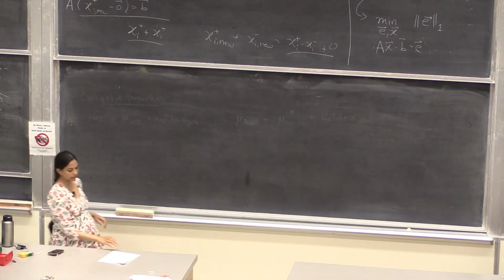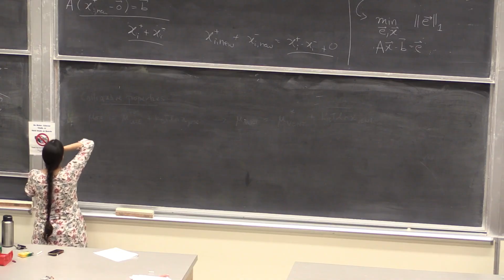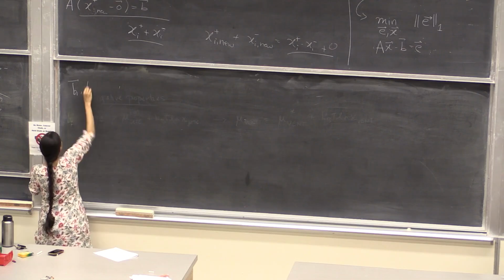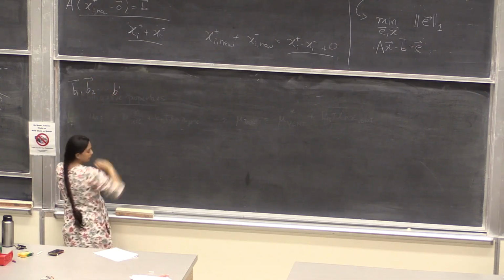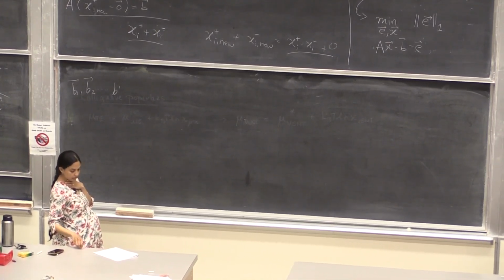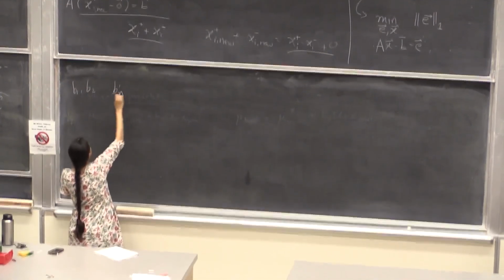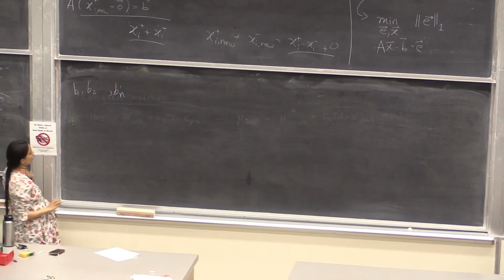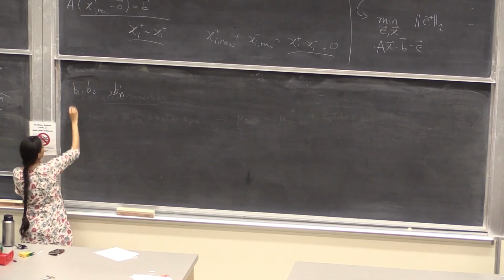So now let's consider the following setup, where let's say I have some points, B1, B2, ... how many do I want to have? Okay, let's just have scalar points and let's have n of them, okay? And I want to find, for example, the average of these points.